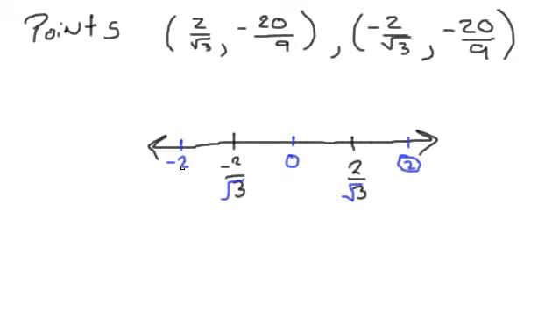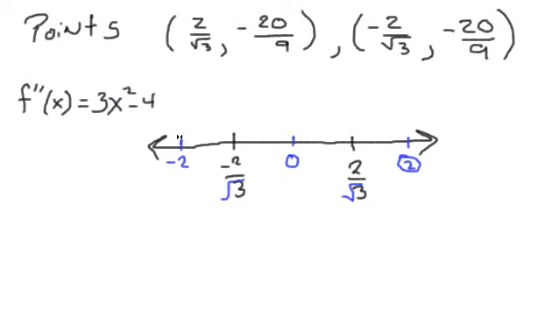Alright, so we want to take negative 2 and plug that into the second derivative. And of course, all we're concerned about is if it's positive or negative. So let me rewrite the second derivative right here. f double prime of x is equal to 3x squared minus 4.